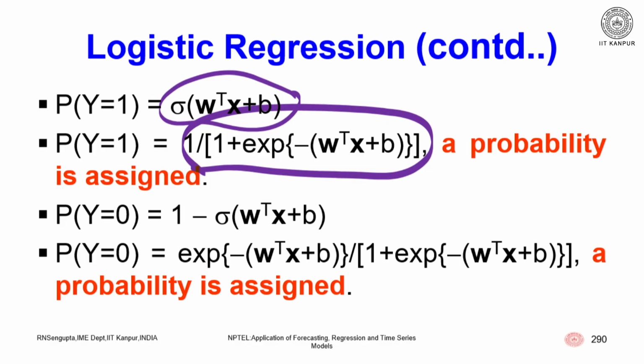If you see in the sigmoid function, it also has that same form, you had 1 plus e to the power minus x, and whatever function you use is given out here.